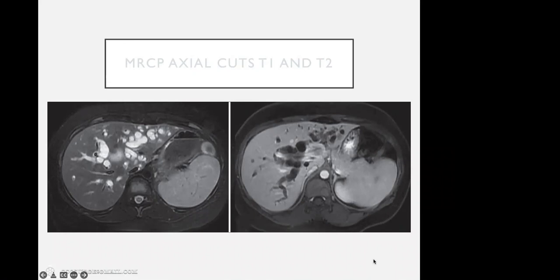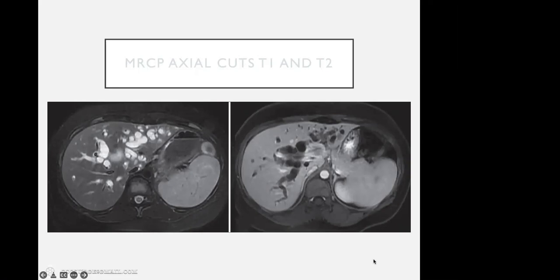Anyone from your side? Do you read MRI of brain and need to know the sequences in brain, or normally we don't come across brain MRI, we just come with MRCP or MR whole abdomen? Correct. That's why I was thinking that we need to concentrate on the abdominal MRI, isn't it?